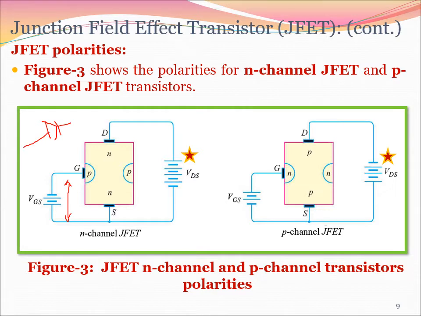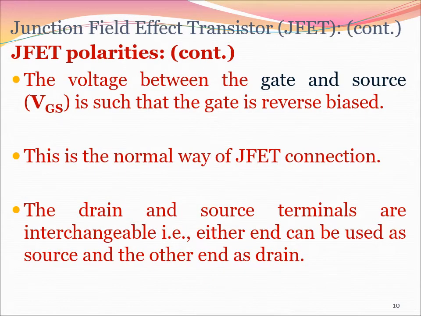As far as the drain to source voltage is concerned, we normally apply positive here if it is N channel, and negative here if it is P channel. So you see everything is almost the same. Just focus on the polarities when you're operating these devices. This is VGS, the gate to source voltage. You have to reverse bias it for normal operation. And the drain and source terminals are interchangeable.